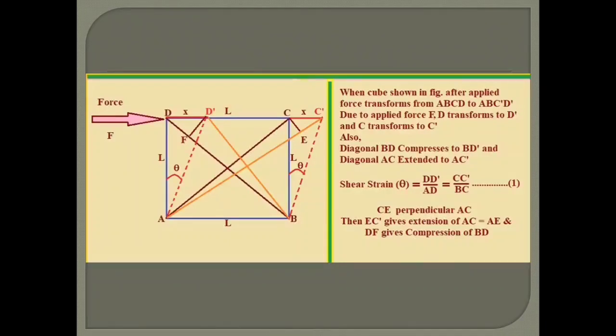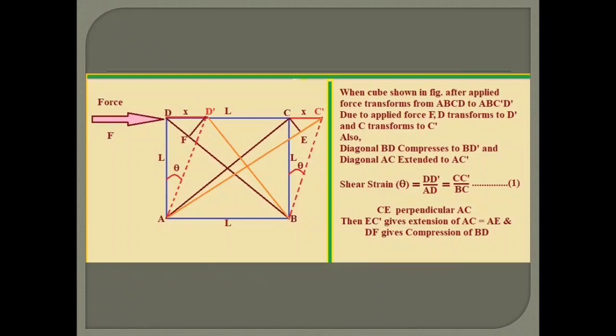Due to applied force F, D transforms to D dash and C transforms to C dash. Also, diagonal BD compresses to BD dash and diagonal AC is extended to AC dash. From the diagram, you can see shear strain theta is equal to DD dash divided by AD is equal to CC dash divided by BC.